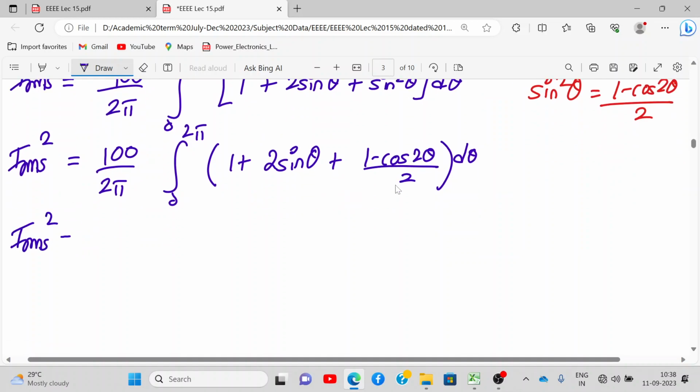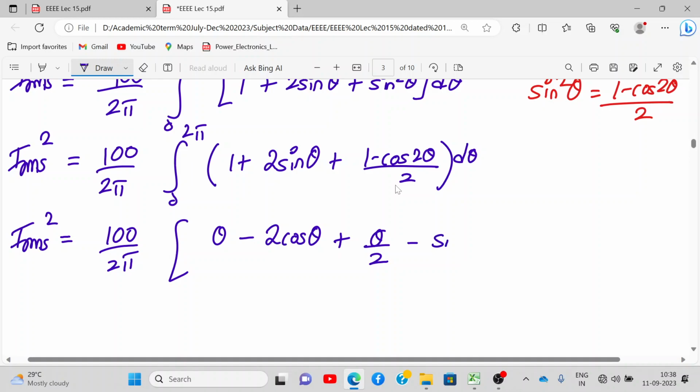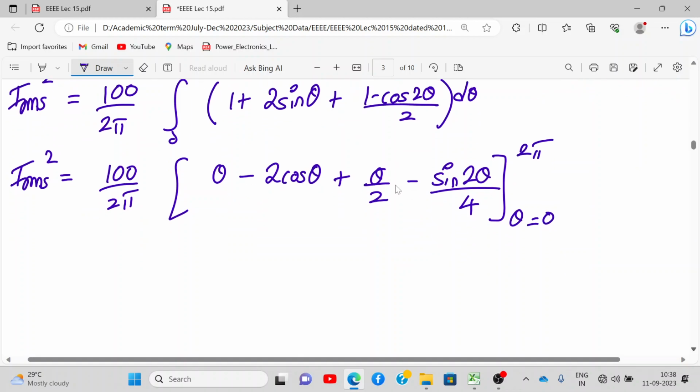So I RMS square will be 100 upon pi. Integral of 1 will be theta, right? Minus, what is integral of sine? Minus cos, right? This will be theta by 2. What is integral of cos? Sine. So minus sine 2 theta by 4, by 4 because this 2 also comes. And here theta goes from 0 to 2 pi.